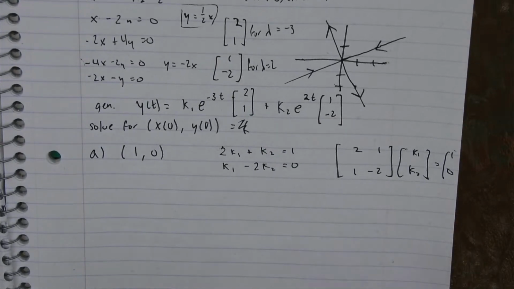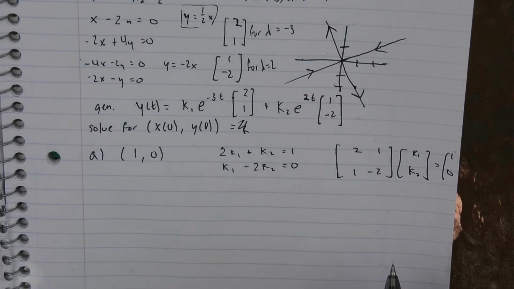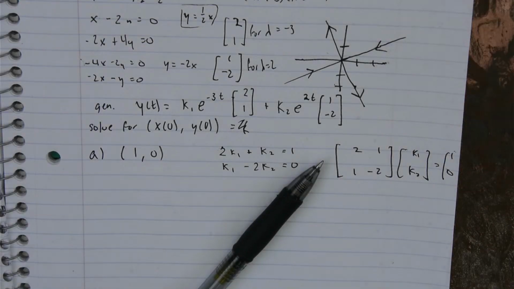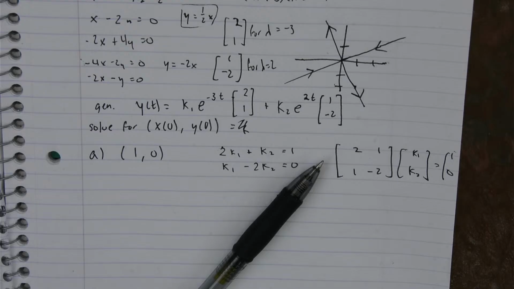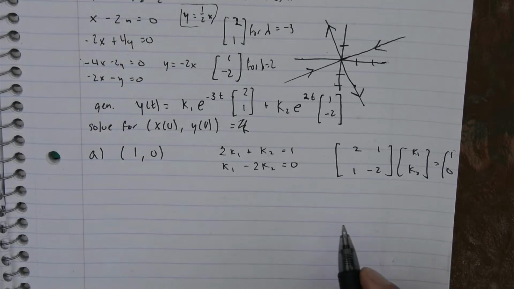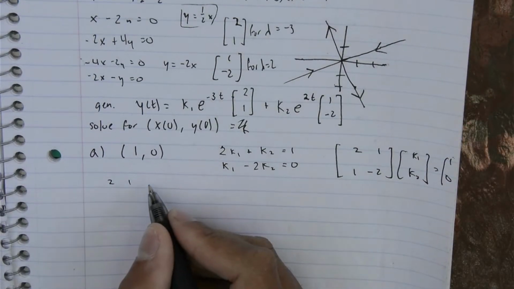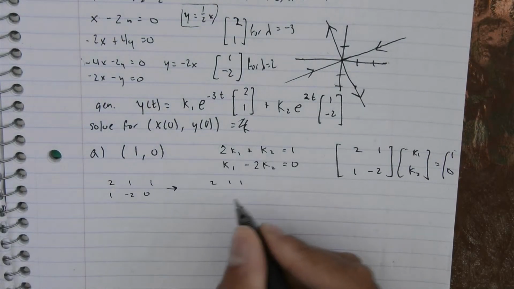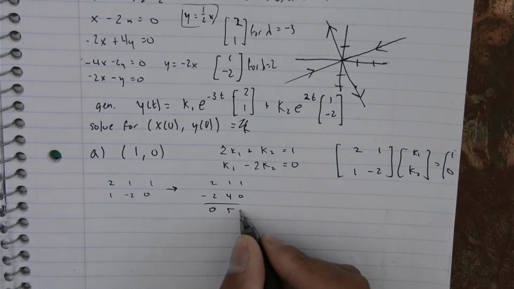Okay, so how do we solve this? We're going to solve this with the augmented matrix 2, 1, 1, 1, minus 2, 0, and turn it into 2, 1, 1, 0, minus 5, 1 using row operations.